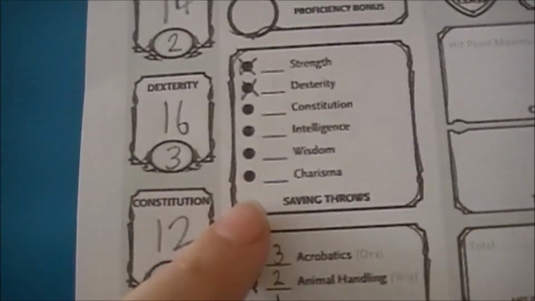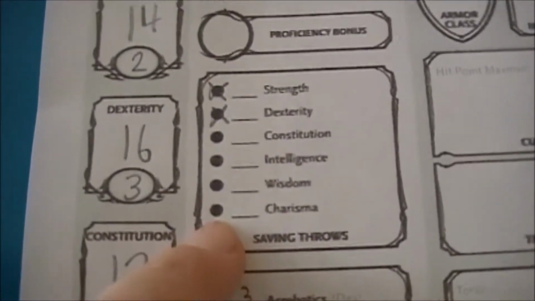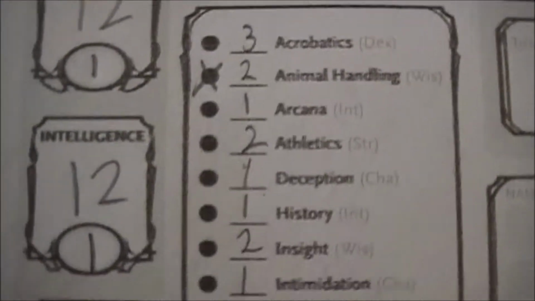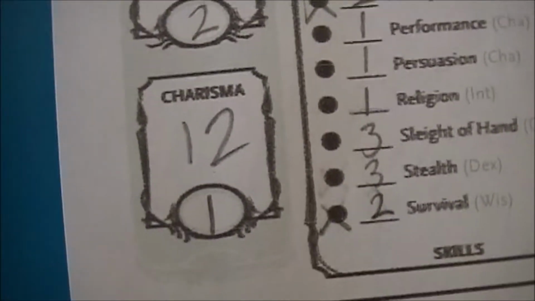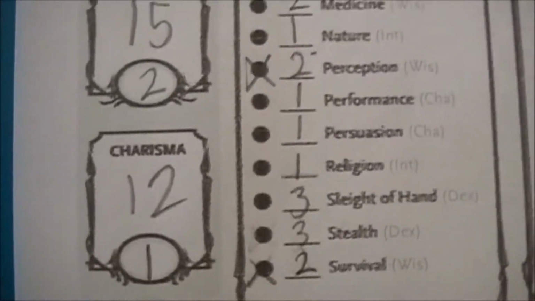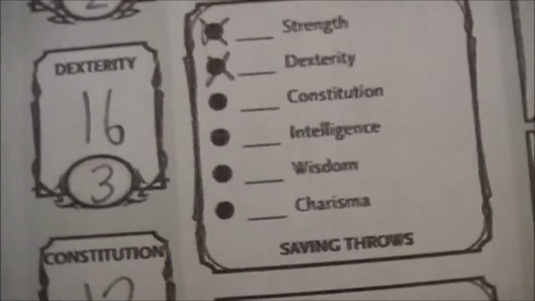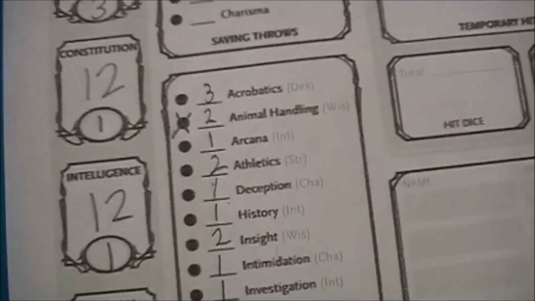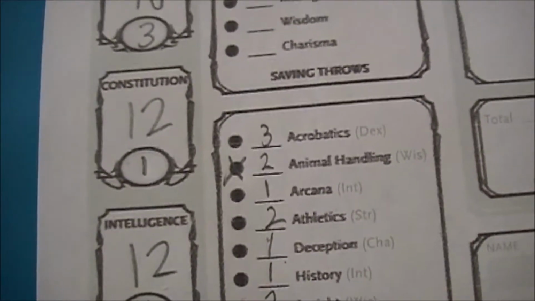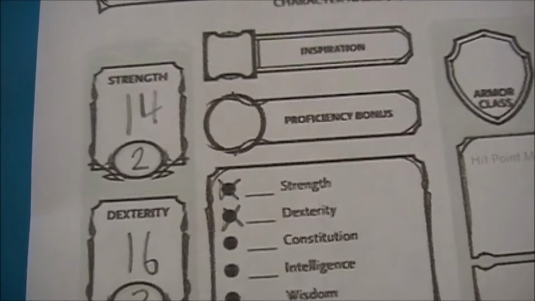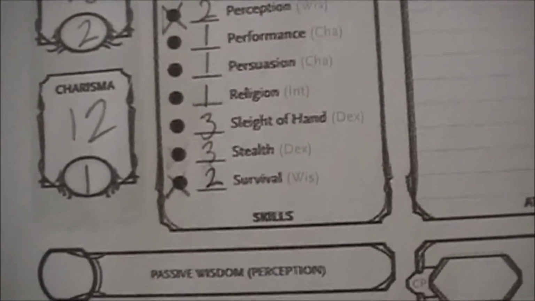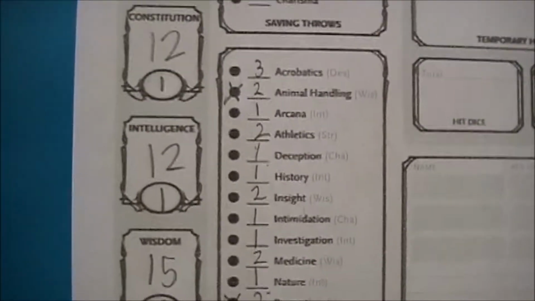For some reason, these dots on my sheets are filled in already. So I just put X's next to each one, and that means that I need to add my proficiency bonus to those particular skills. That means I'm really good at those things. Now, I'm not exactly sure what my proficiency bonus is because that does change for different levels, and I cannot remember exactly what level we are starting out at in the campaign.